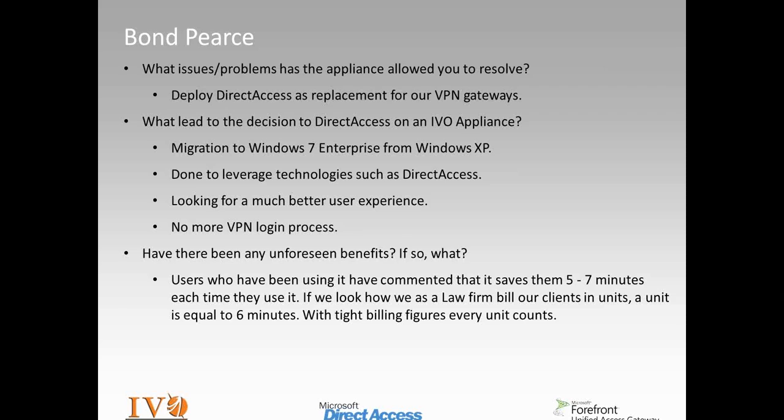We've developed a client-side translator, a 4 to 6, IPv4 to IPv6 translation service, that can take those applications that are not capable of IPv6, and therefore not capable of working over DirectAccess, and cause them to successfully work over DirectAccess. So that's the technical background on what happened and why the appliance was able to solve those applications when it wouldn't work on the existing DirectAccess install.